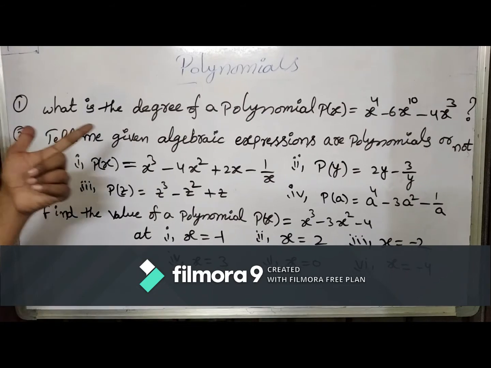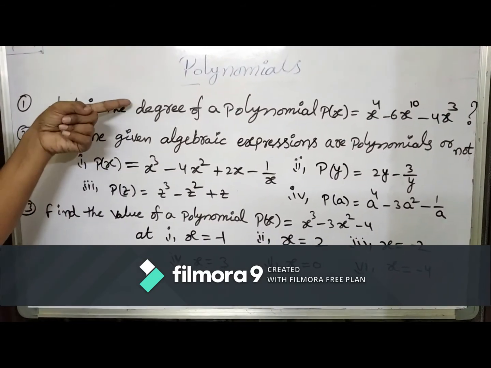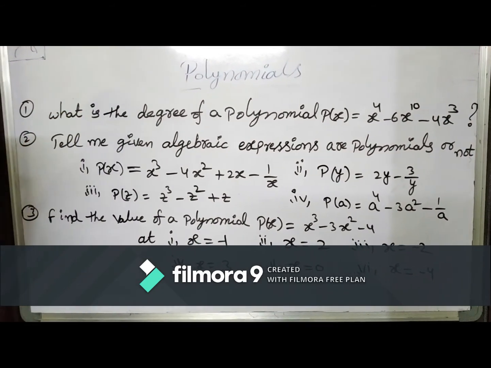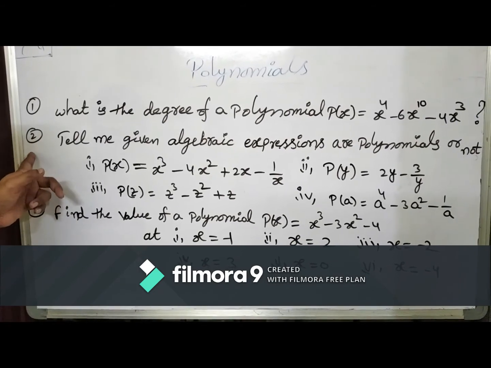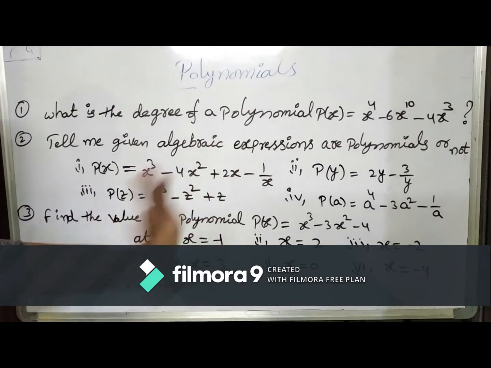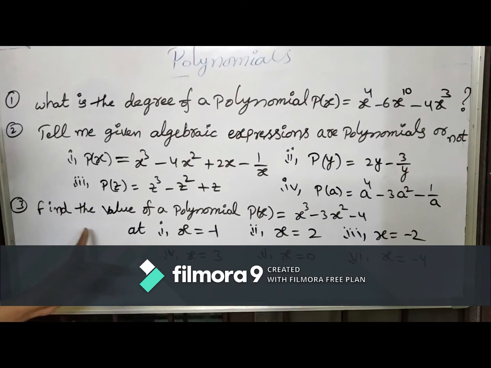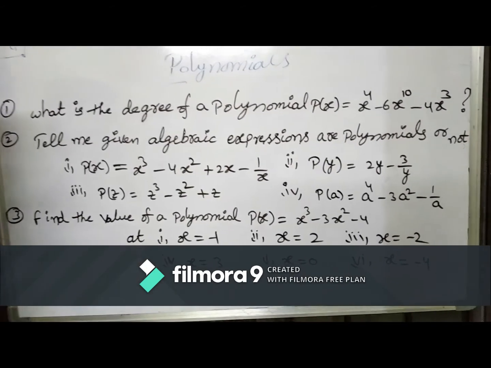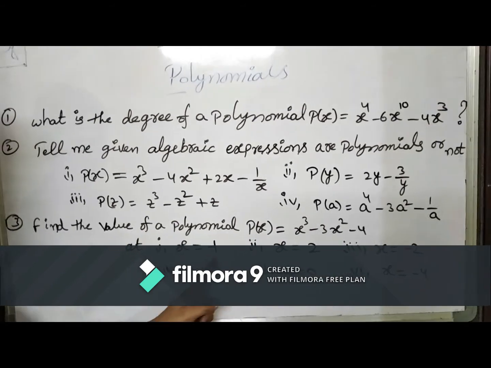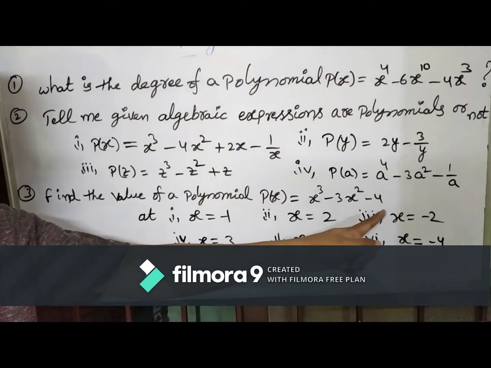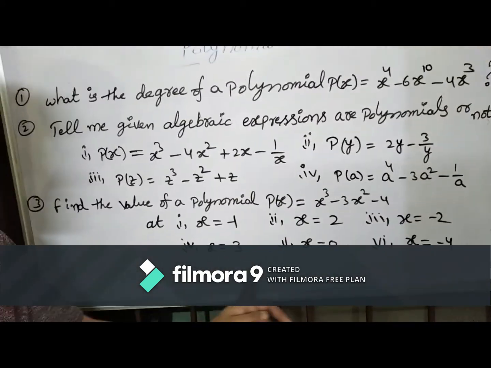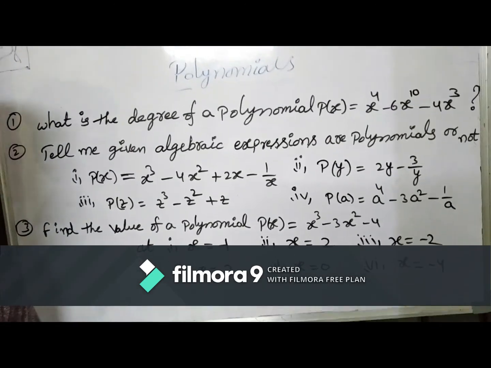First one is the degree of a polynomial. Second one, tell me whether it is a polynomial or not. Third one is the value of a polynomial. You have to find the value of a polynomial at x = -1, x = 2, x = -2, x = 3, x = 0, and x = -4.